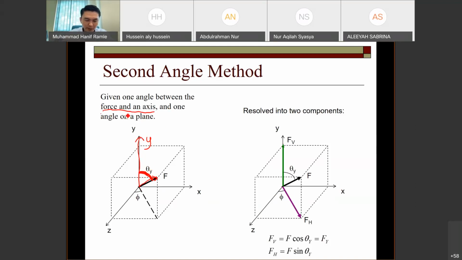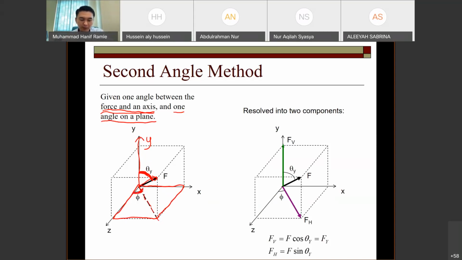And the other angle is the one angle on the plane. We have this dotted line, and this is the plane, and the angle on the plane is this angle.